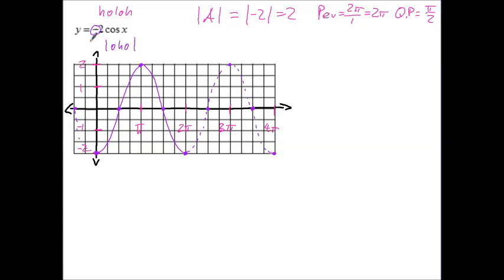Okay? So that's what the negative sign does. It flips the graph across the x-axis, but that is something that we have seen with all other function families already too. The domain is all real numbers, and the range goes from -2 to 2.